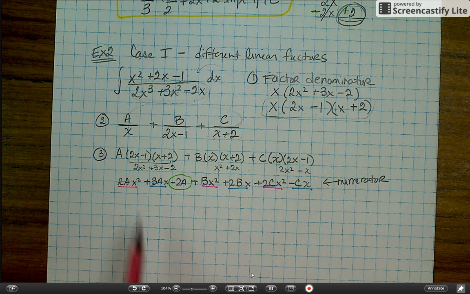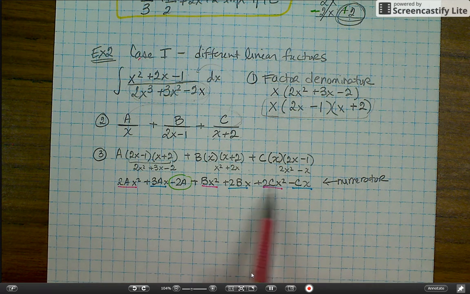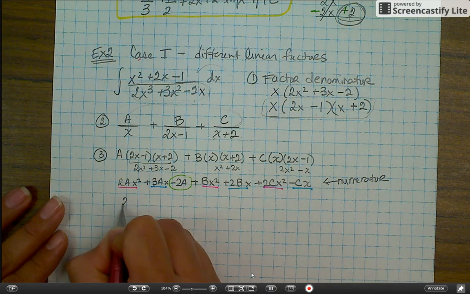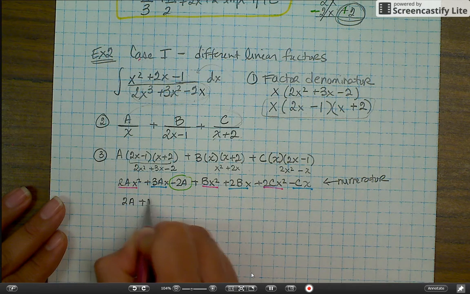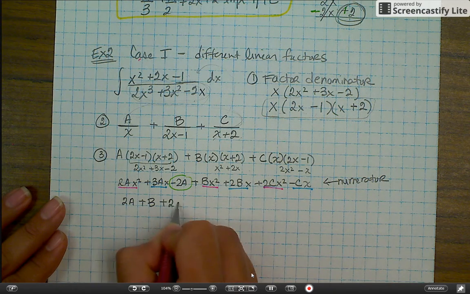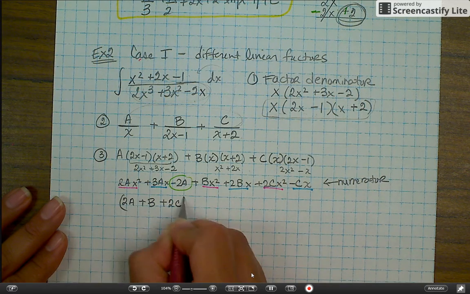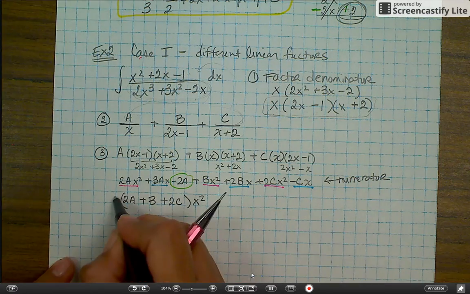So now I am going to put all my x squareds together. If I put all my x squareds together, I can also factor out x squared from each one of these. So I'm going to say 2a plus b plus 2c times x squared. That's my pink in this situation.